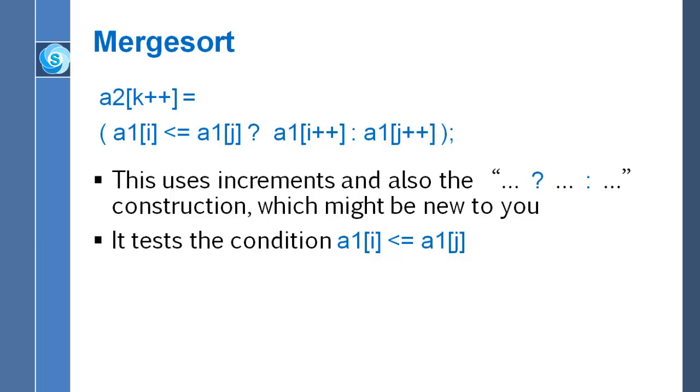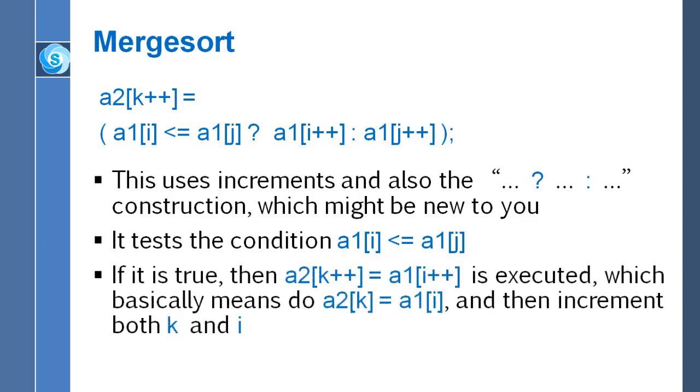If we're copying A1 bracket I++ into A2 bracket K++, I say again, what that really means is we're copying A1 bracket I into A2 bracket K, after which I and K both get incremented. All right? Well, that makes sense.